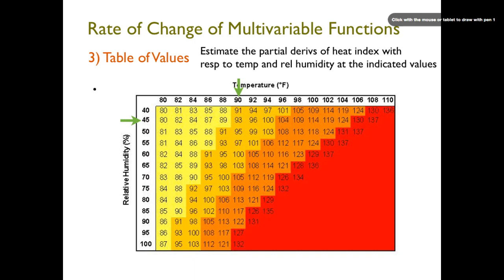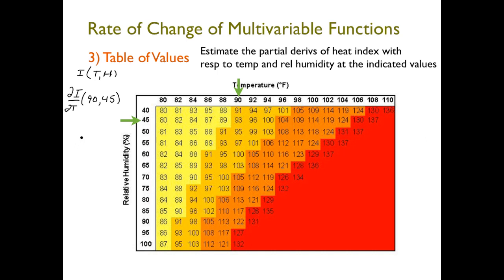So we'll say the temperature index, I, is a function of temperature, say T, and H. So we're talking about what would the partial of I with respect to T be at 90, 45. So that's the question we're asking first. Partial of I with respect to T, the index with respect to T.